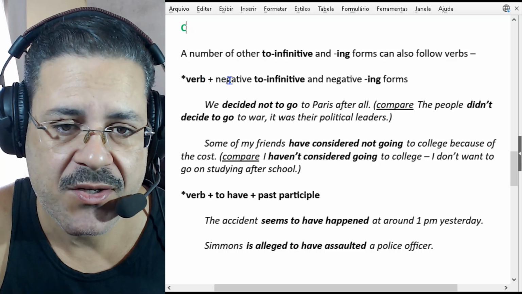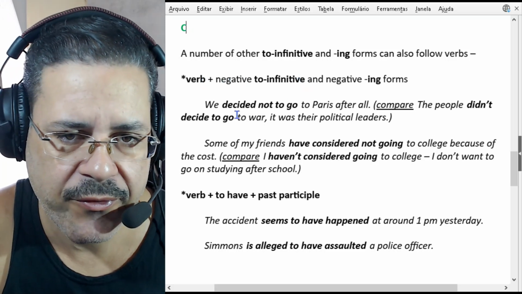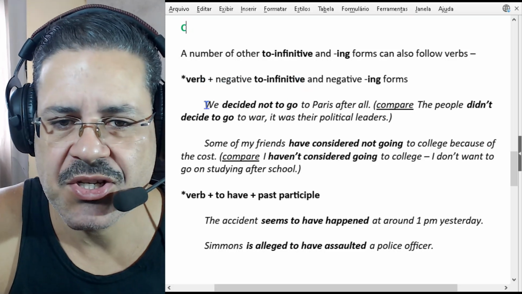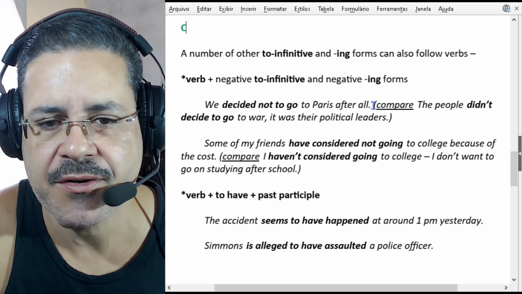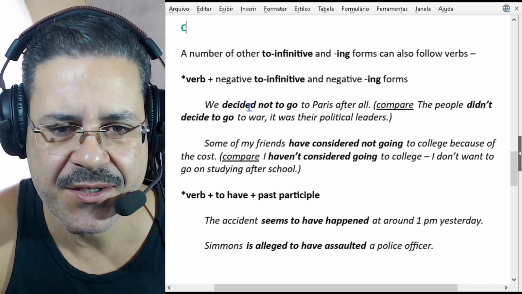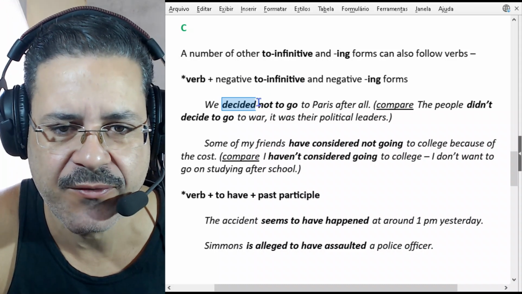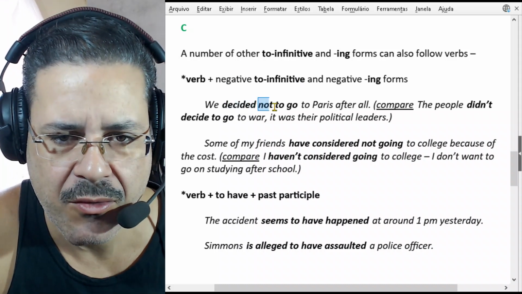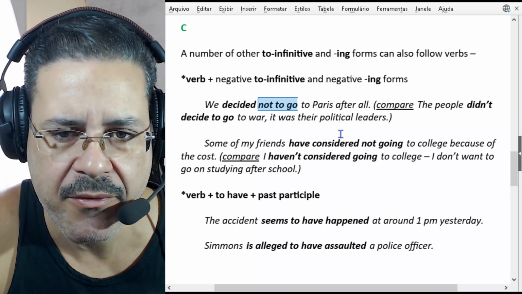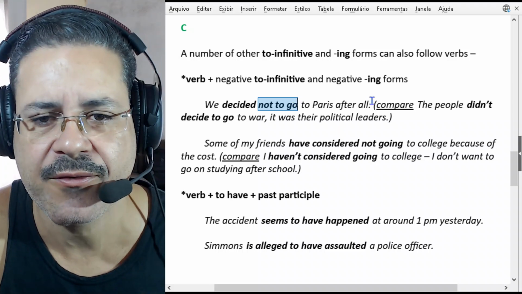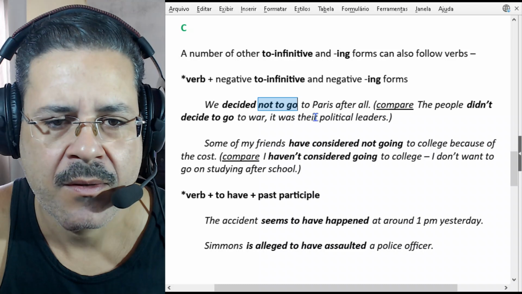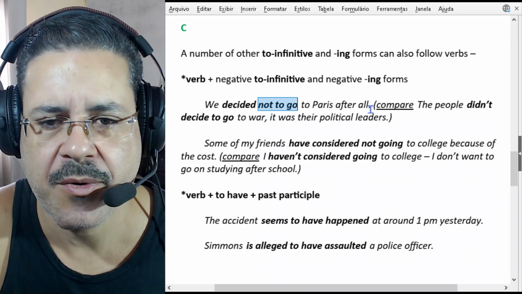For verb plus negative to infinitive, we've got here, we decided not to go to Paris after all. We decided, this is the verb to decide, we decided plus negative to infinitive, not to go to Paris after all. We decided not to go to Paris after all.